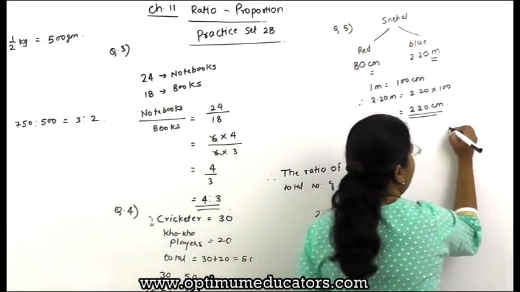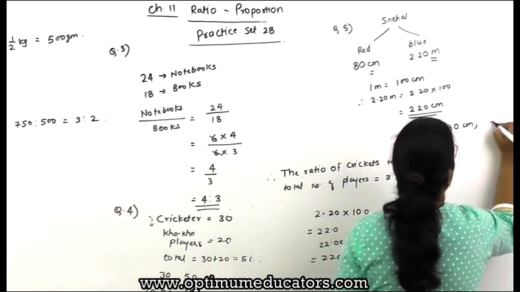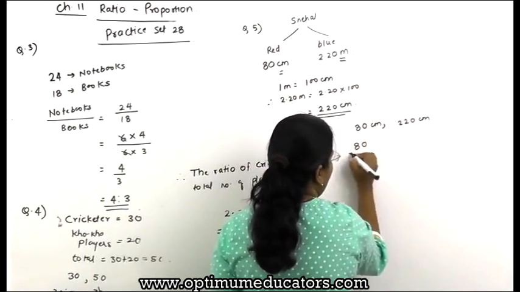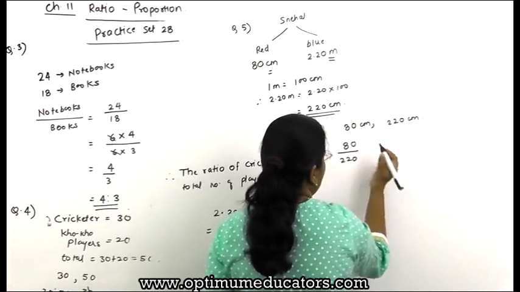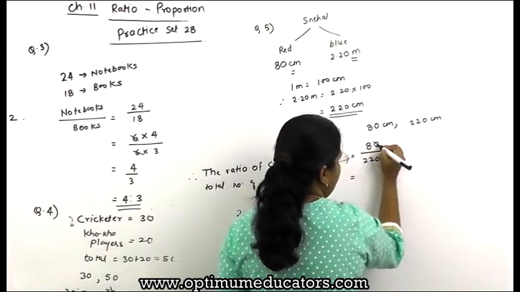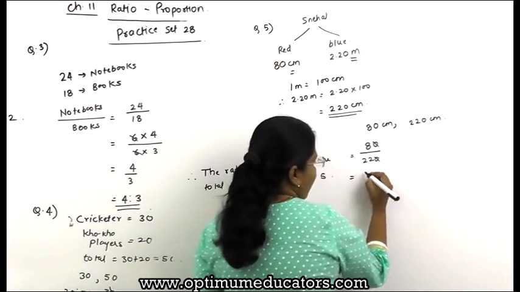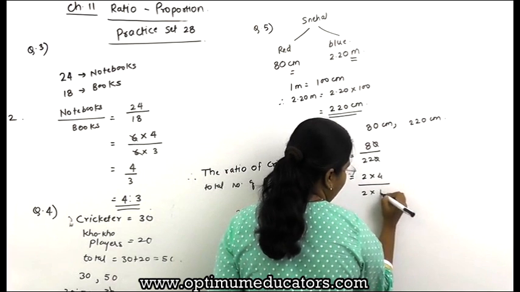So here now it is very easy. You have to find out the ratio of 80 centimeter to 220 centimeter. It is 80 upon 220. 0 0 cancels off. Okay. 8 is 2 into 4 and 22 is 2 into 11.